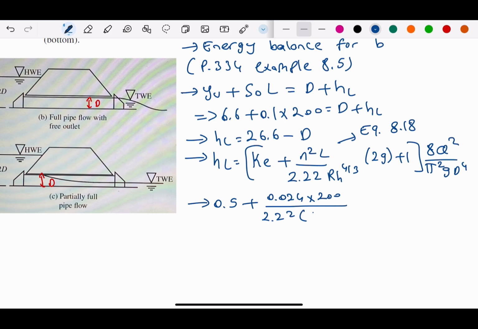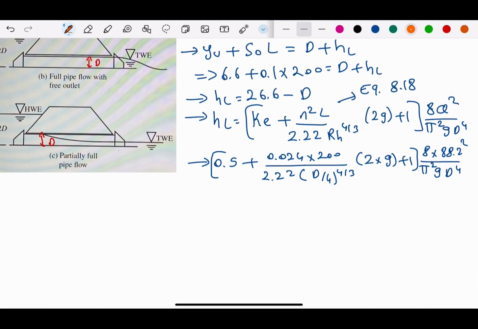The hydraulic radius is d over 4. We have 2g plus 1, and we have 88.2 squared over d to the power of 4.